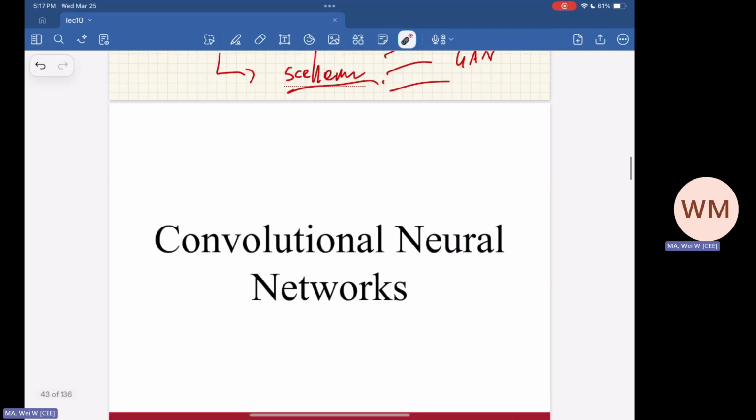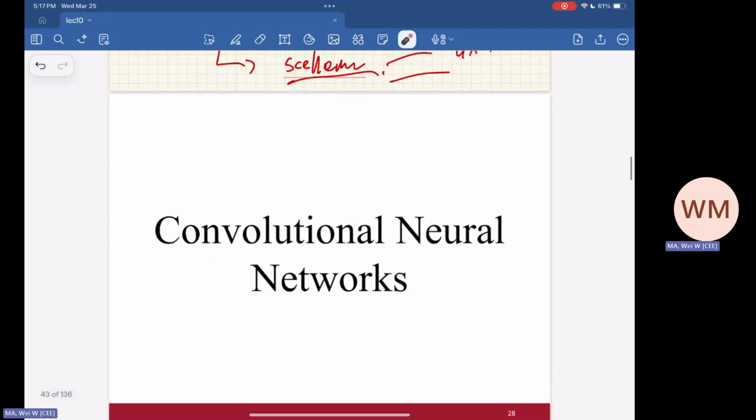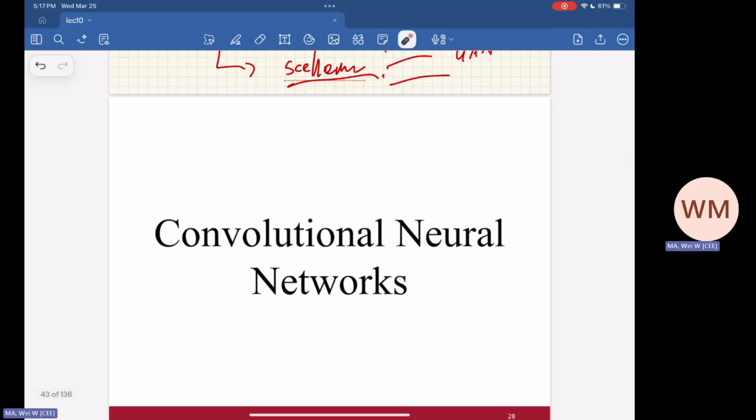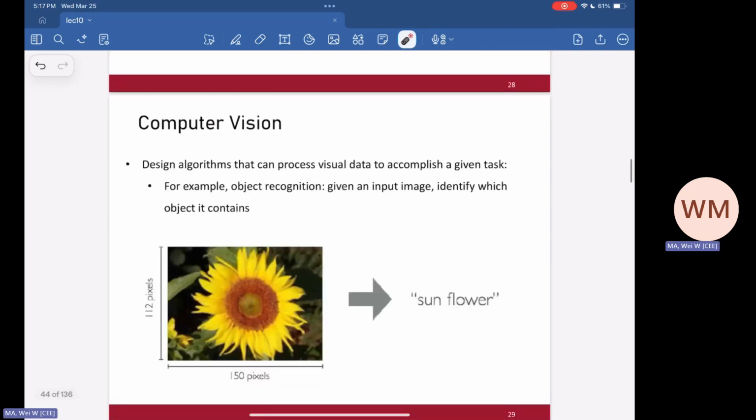Okay, so then let's spend some time to talk about some very famous neural networks. Maybe this is a module or these are layers. CNN is a very famous one, and it is extremely useful for image-related data. Why do we need a special module like CNN for images? This mainly originated from computer vision, which is a super large area.